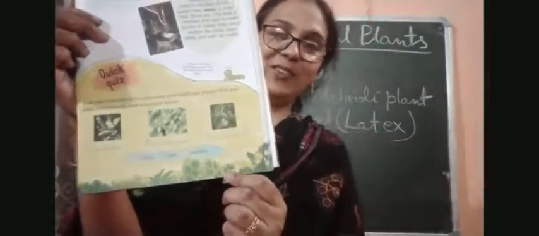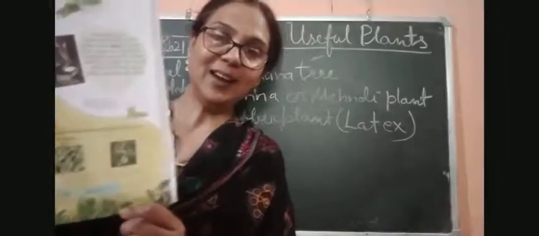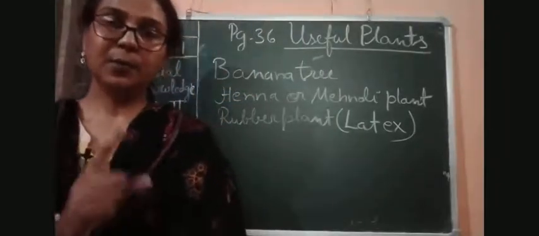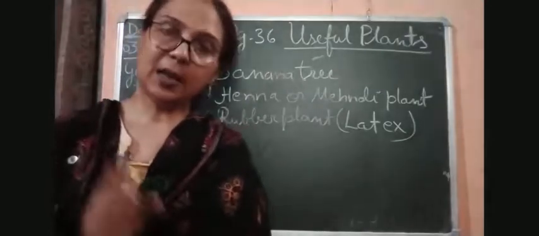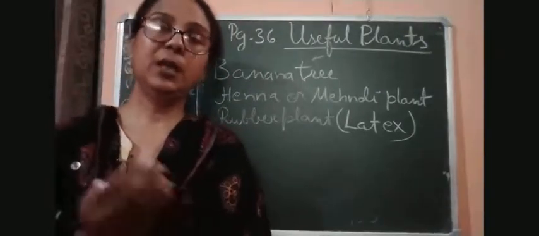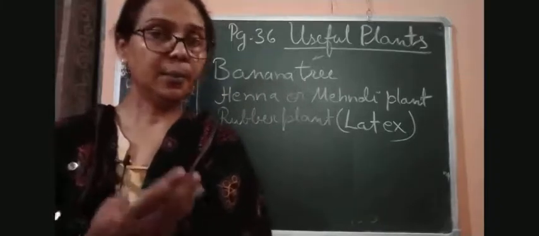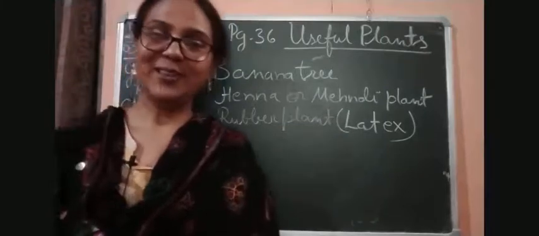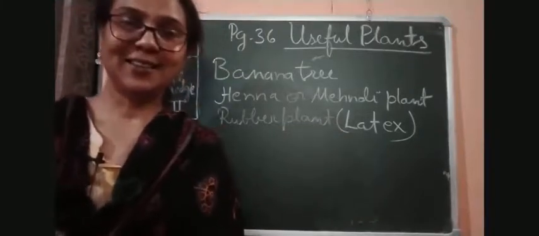Okay children, let's start. I'm going to show the banana plant image and then the henna plant image, discuss their importance and benefits, and after that we will discuss the rubber plant also.